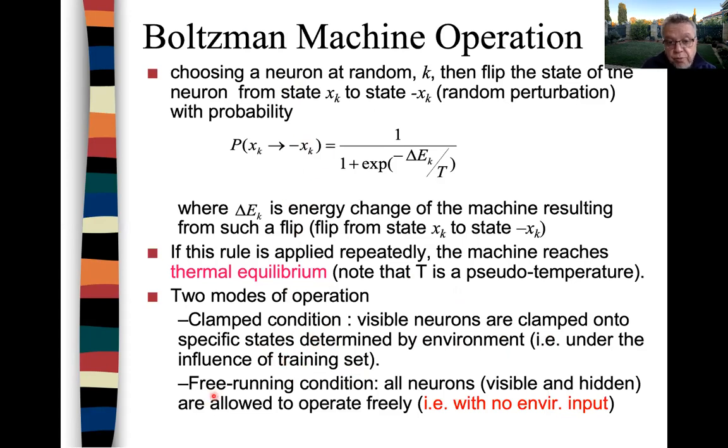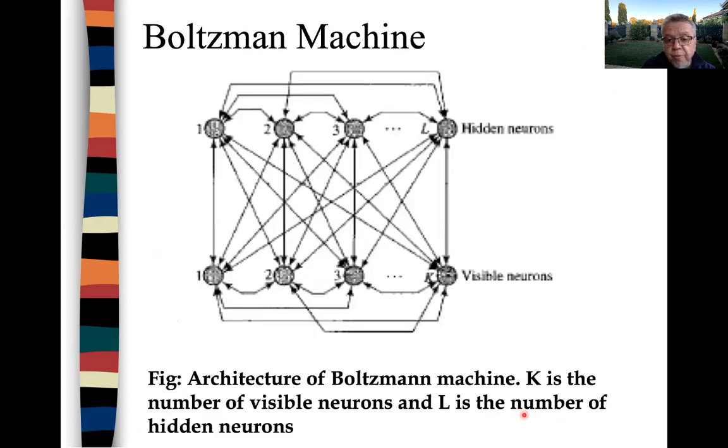You will also have another mode of operation, which is the free running condition, where all the neurons, visible and hidden, are allowed to operate freely.